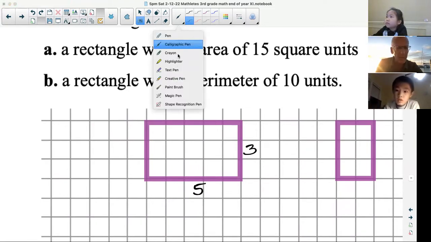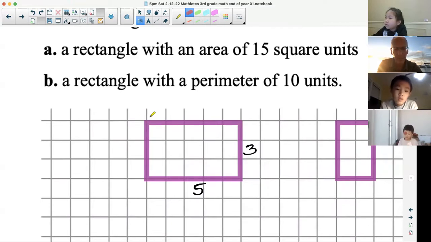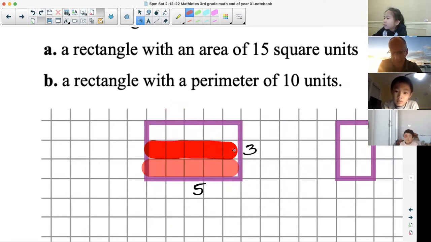Can we count by 5s? Are you ready? Ready, set, go. 5, 10, 15.